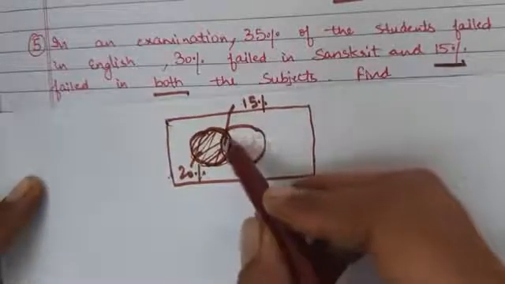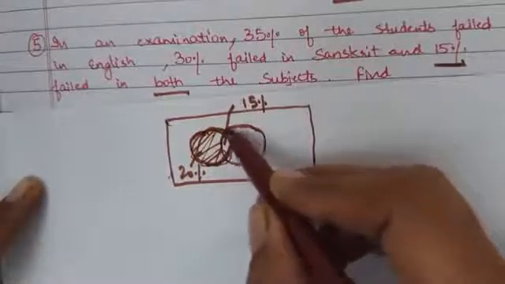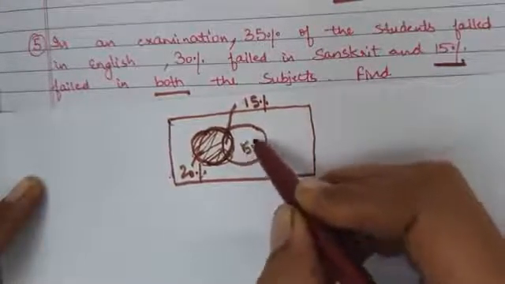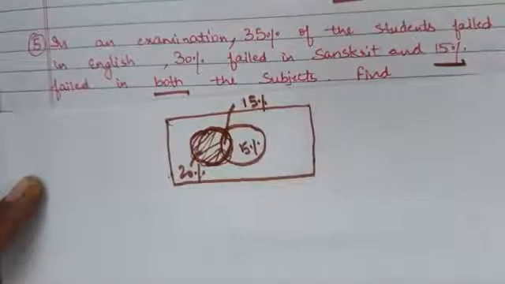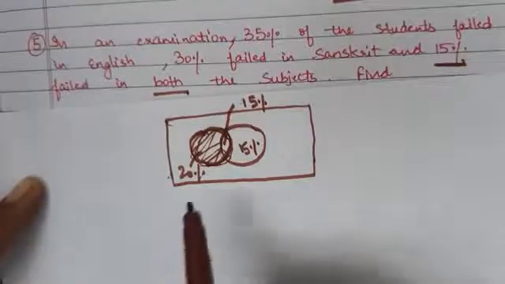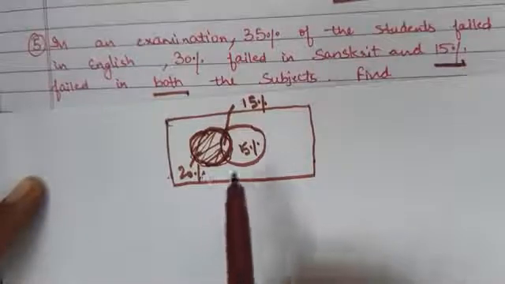So 15 is common, and 30% minus 15 gives you 15% of the students who failed only in Sanskrit. Clear?